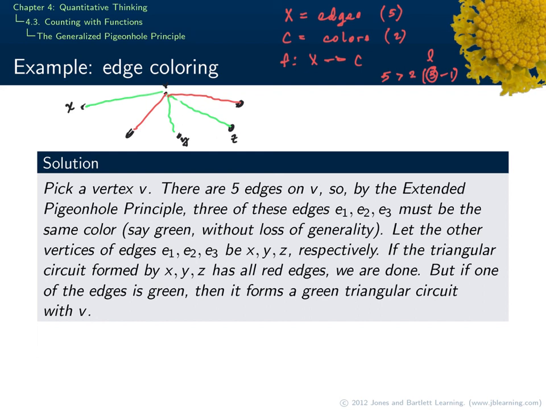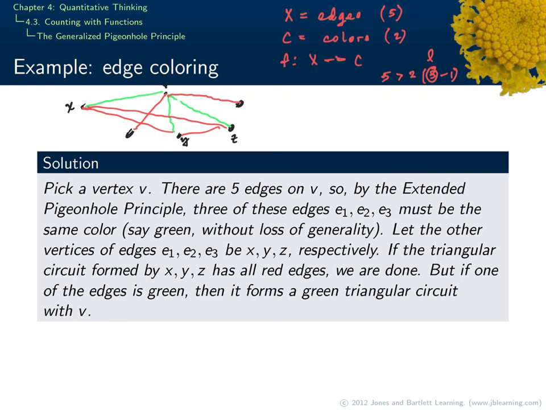Now X, Y, and Z together form a triangle in this complete graph, right? And if they all have red edges, in other words, let's suppose we have this situation going on, right? Then we're done, right? Because then we have a triangle, X, Y, Z, where all of the colors are the same. But if all of the colors of the edges joining X, Y, and Z are not the same, then we're still okay.